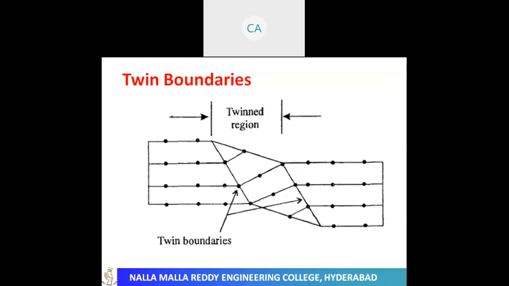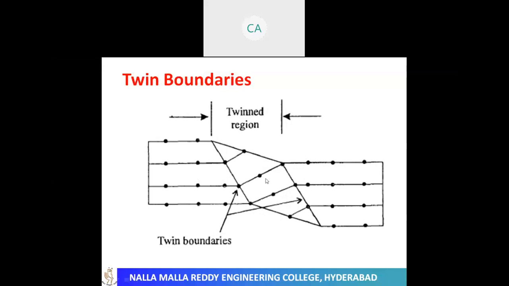Now we'll see twin boundaries. This is another type of surface imperfection where the atomic arrangement on one side of the twin boundary is a mirror reflection of the arrangement on the other side.